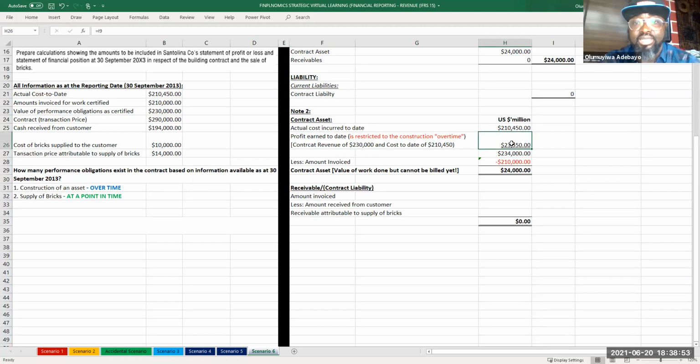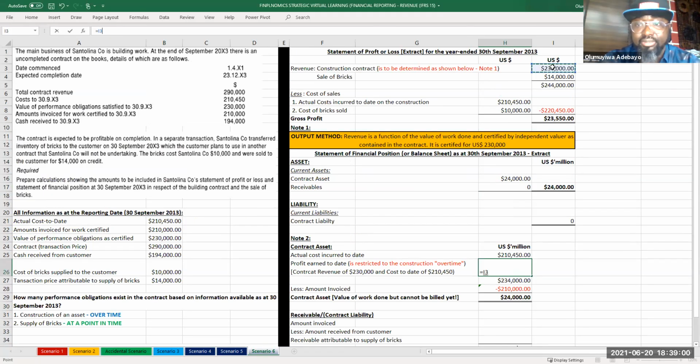I'll try and marry it together, which means this is simply the difference between 210 and 230 and 210,450.